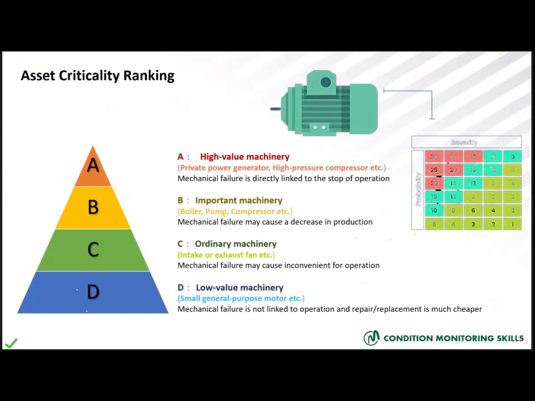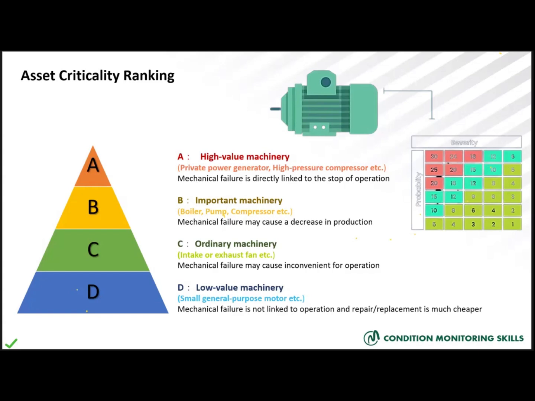We have, let's say, 4 different types of equipment. The high criticality machines are the most important and need continuous monitoring, like installing online vibration and oil monitoring systems to detect the problem in real time. As the criticality of an asset starts to decrease, the frequency of the condition monitoring survey is adjusted accordingly.